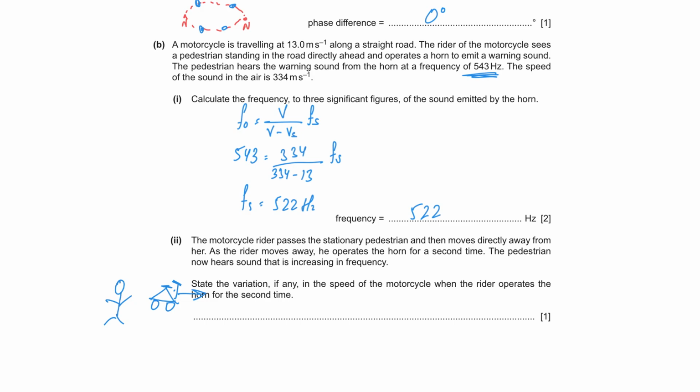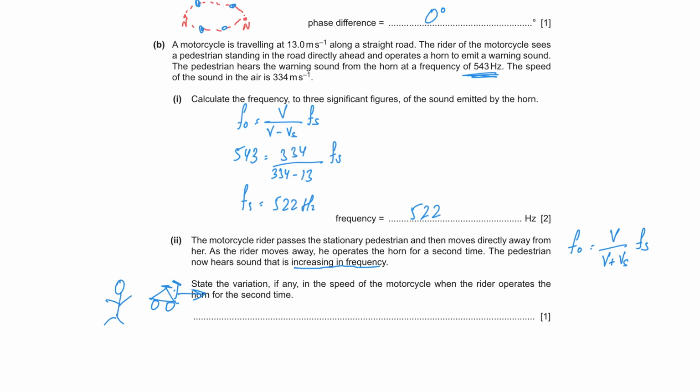The question says that the observer, or the pedestrian, hears the horn for the second time, and hears the sound increasing in frequency. It's increasing in frequency. We'll use our formula again. Fo equals v upon v plus vs, times Fs.